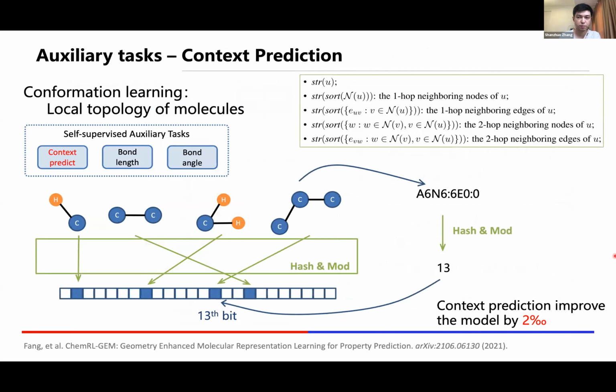We just make a string from the node context, then hash the string, and then merge it to a single bit as a task label. If you know Morgan fingerprints, you may find this very similar. Just use a hashed bit to represent a local structure. By this context prediction, we improved the model by about 2 in 1,000.